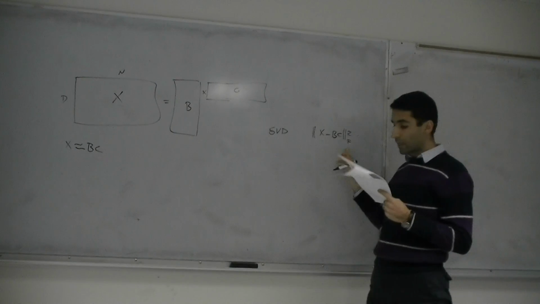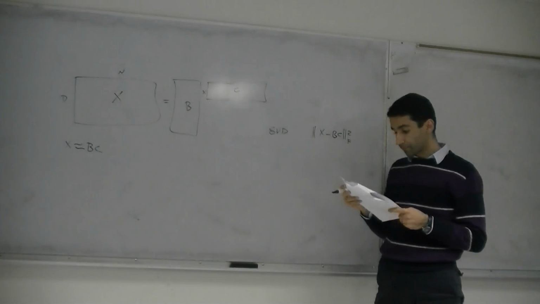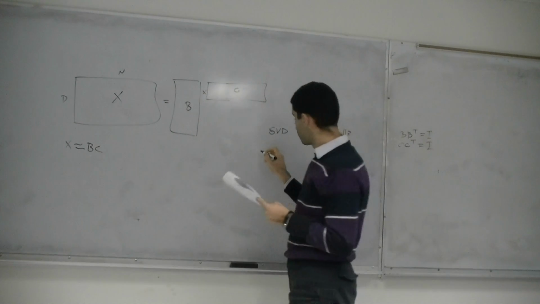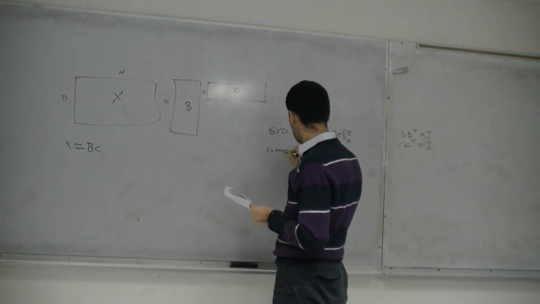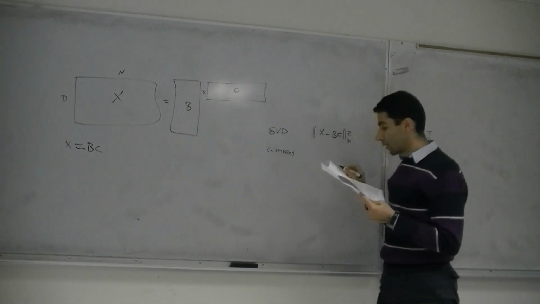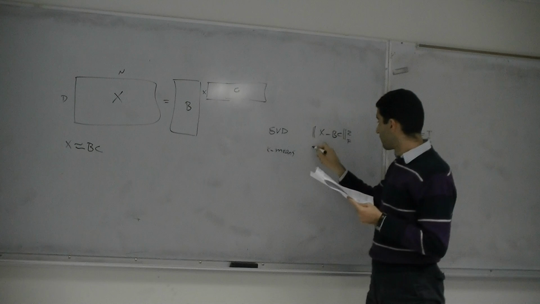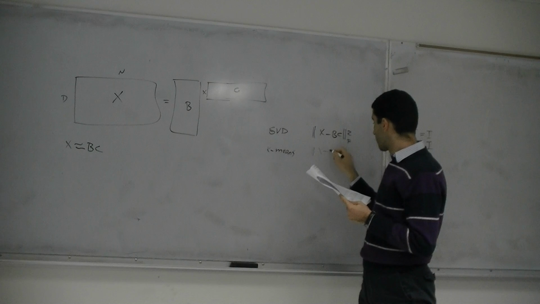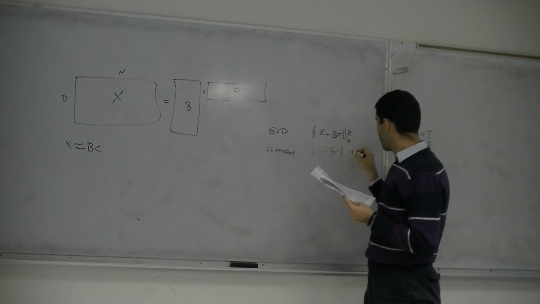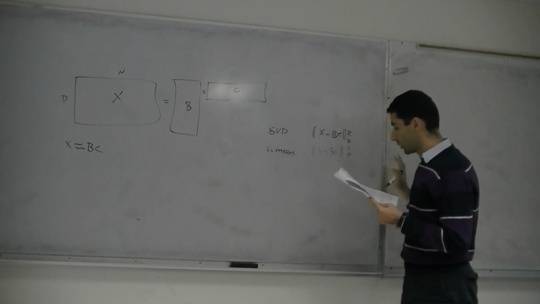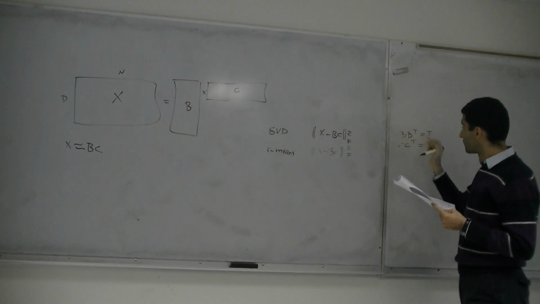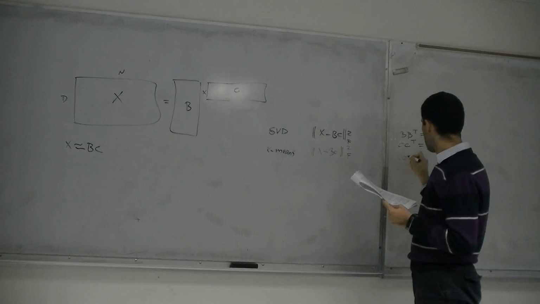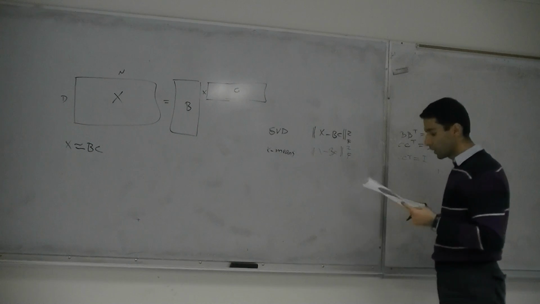This is for the SVD. For k-means, the part for measuring differences between B and C is the same, but we don't have any constraint on the bases, and we have only that C multiplied by C transpose must be identical.